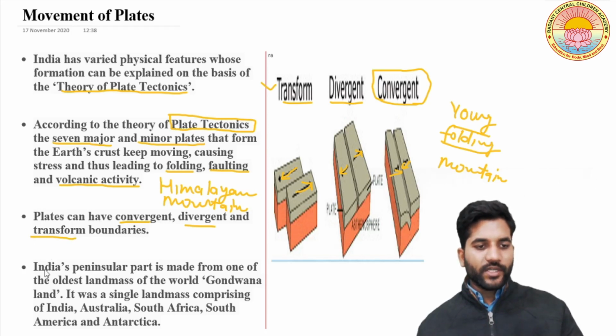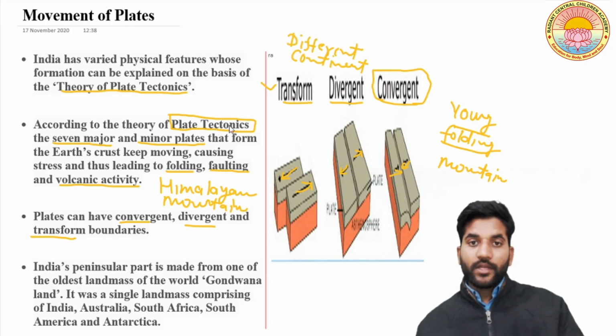Let's talk about the next point, that is, India's peninsular part is made from one of the oldest landmasses of the world, Gondwana land. When we talk about the different continents, they were not as they are today.